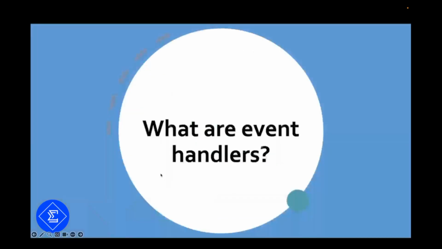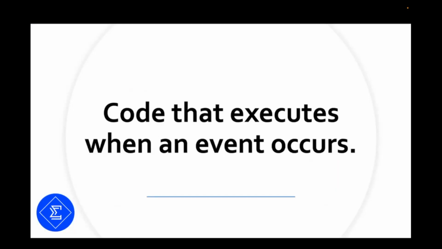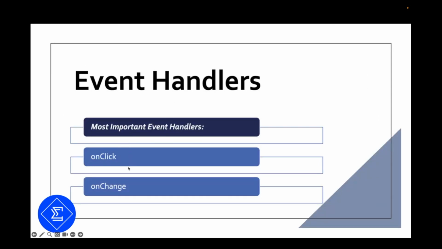Now we're going to go with event handlers. So what are event handlers? You've probably heard of this before if you've done HTML, CSS, or JavaScript. You're probably familiar a little bit with that lingo. So event handlers are basically code that executes when an event occurs. So for example, we have onClick and onChange. If I click something, it's going to go to the next slide and it's all white.